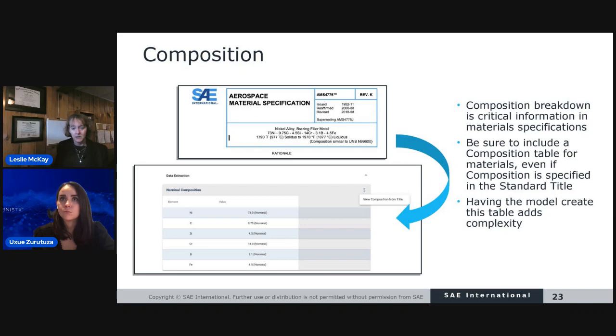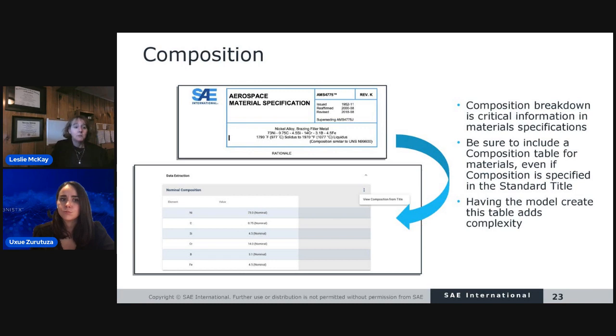Another thing that we've noticed in the SAE standards, and you may notice in some of the other standards you use, is that sometimes material standards have a composition table, and sometimes they don't have a table and the composition is kind of buried in the title.